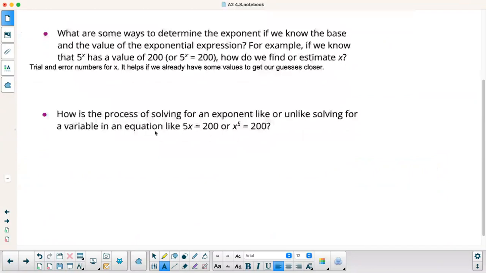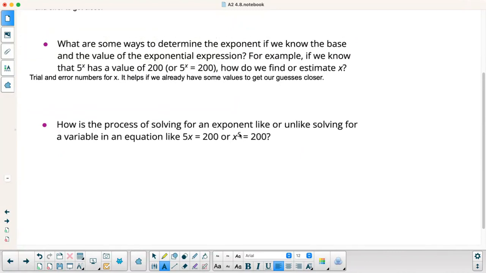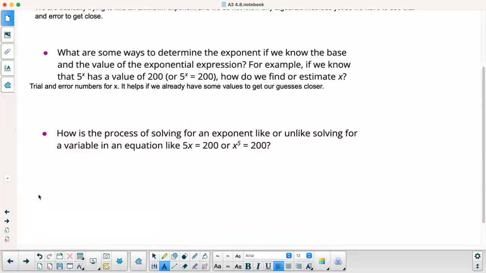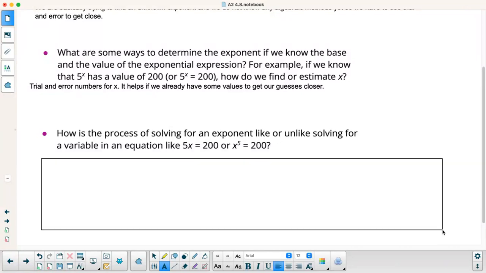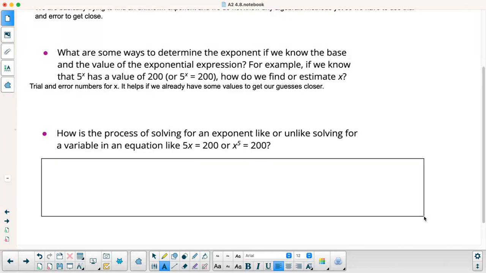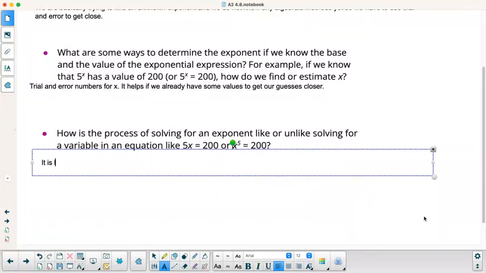All right, how is the process for solving an exponent like or unlike solving a variable in an equation, 5x equals 200 or x to the 5th equals 200? How is it like or unlike? I would say it is like, because if we plug the solution back into the equation, both sides will equal each other.